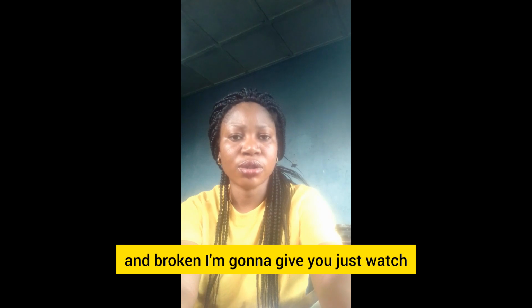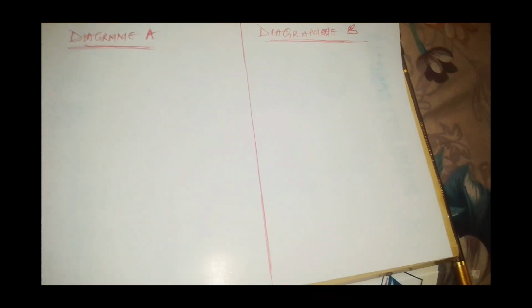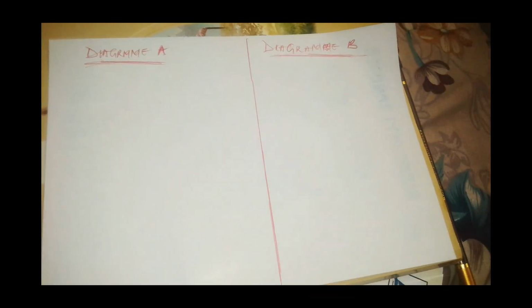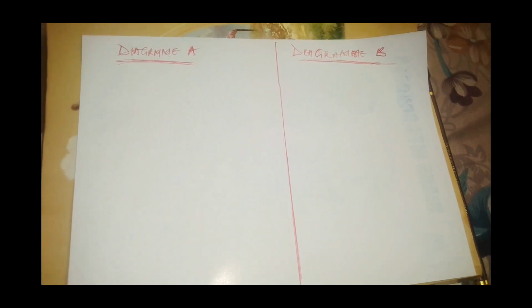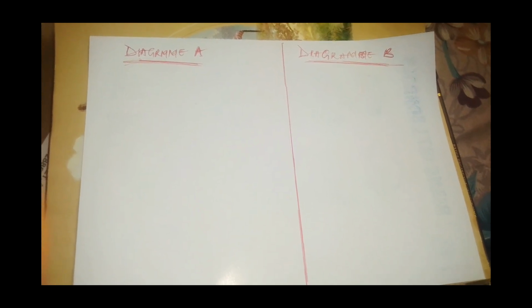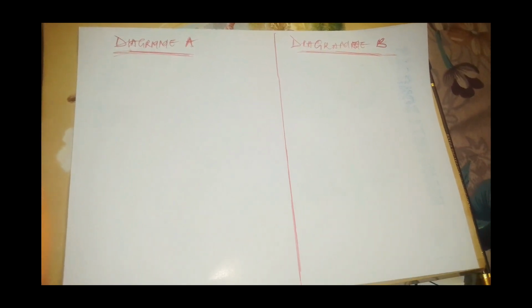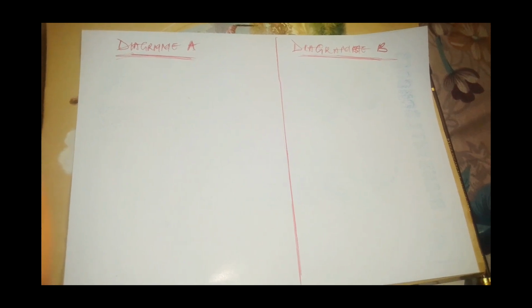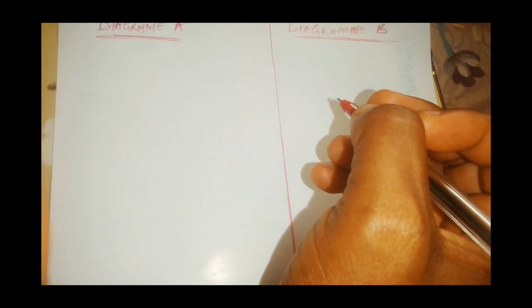I'm going to give you a video of what I mean. Now I want you to watch what happens in diagram A and diagram B to show a woolly and broken diagram. Diagram B will be woolly and broken, while diagram A will be neat and good. Now, notice how the diagram is drawn.